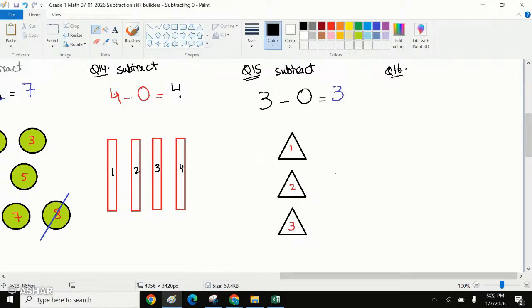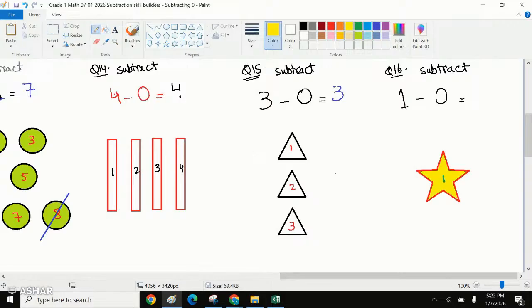Question number 16. It says subtract. Very good question. 1 minus 0 should be equal to... If you have one sticker of a star, or any sticker, I'm just using a basic example, and you do not use it, you do not paste it anywhere, so how many stickers would be left?